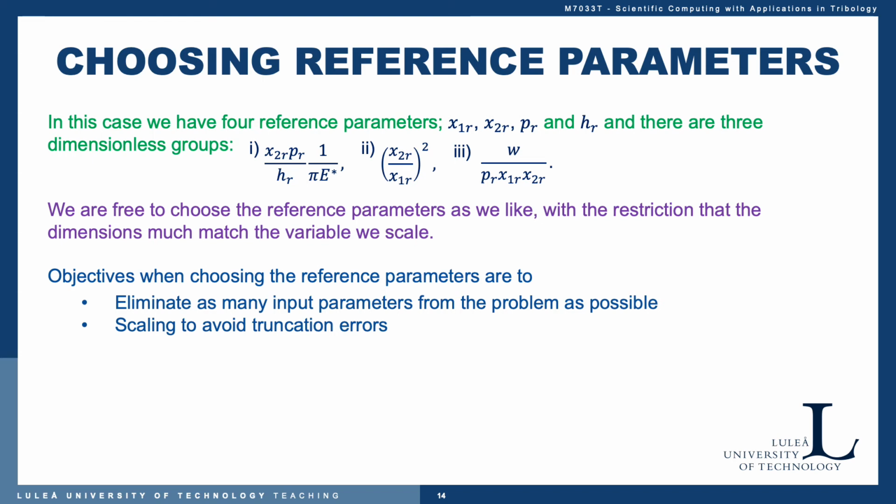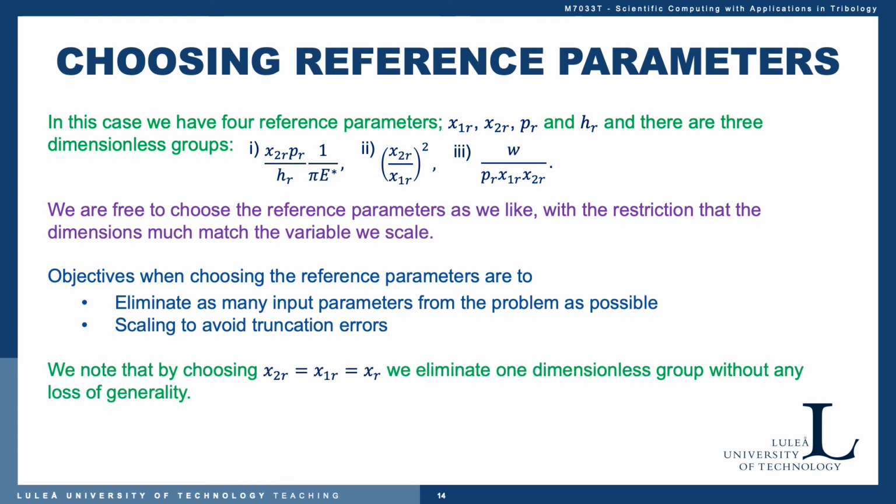And then here, by viewing these three groups and again contemplating over our problem, we realize that we can eliminate one of these dimensionless groups without any loss of generality. Namely, we scale both the x1 and x2 coordinates with the same reference parameter.